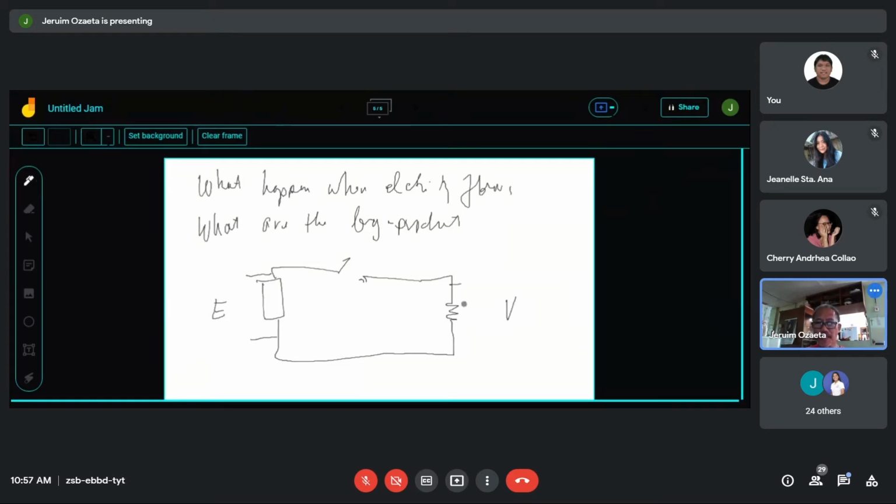Okay? Potential drop at the load at the source is the current. What do you think will be the result? Okay? As the current I passes through the conductor, there is an induced magnetic field around the conductor.